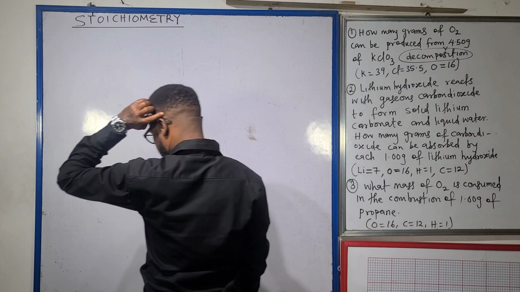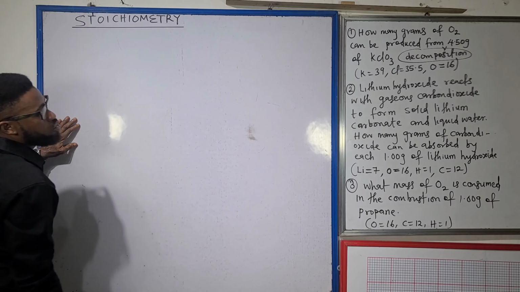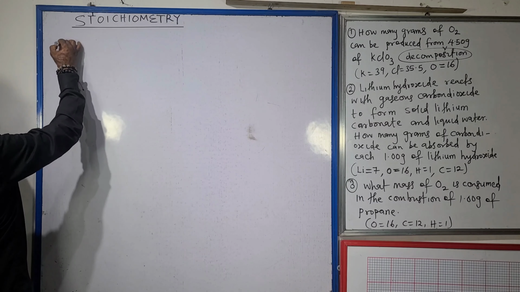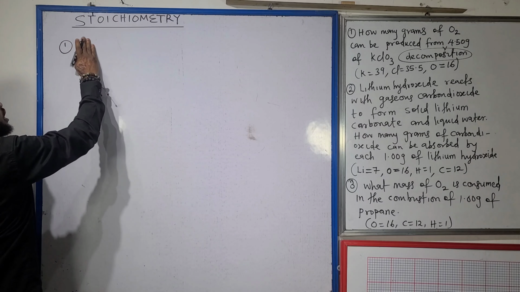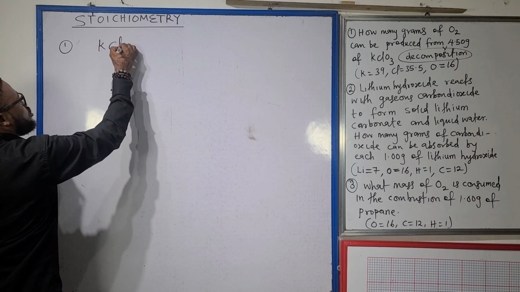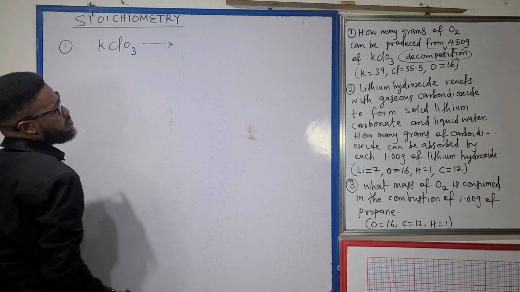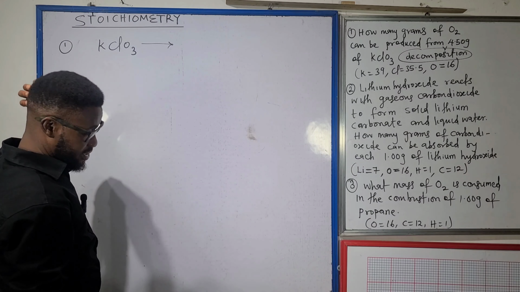KClO3 is potassium trioxochlorate(V). So we want to look at how many grams of oxygen we can produce from that. So how many grams of oxygen can be produced when this is decomposed?